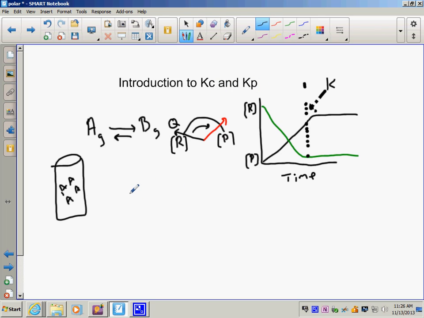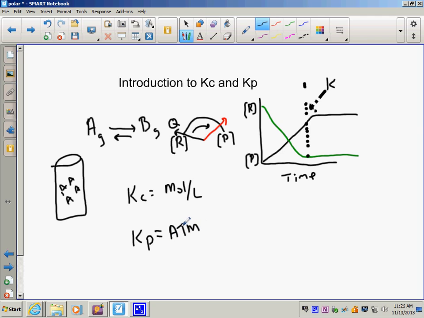Now Kc is any chemical reaction in which the concentrations are being tracked in moles per liter. For Kp, if we're using pressures, this would be anytime we're tracking these concentrations using pressures of gases, so it has to be a gas, and this will be in atmospheres.